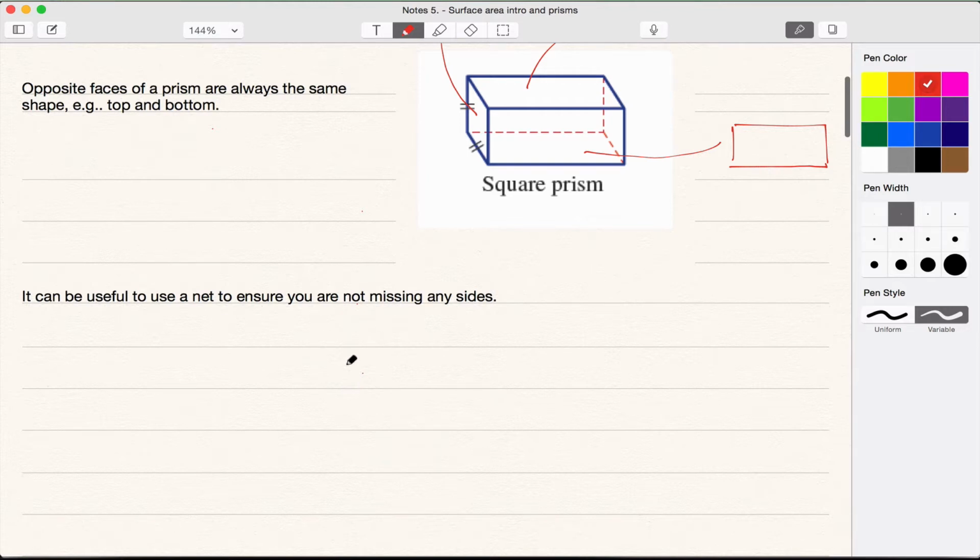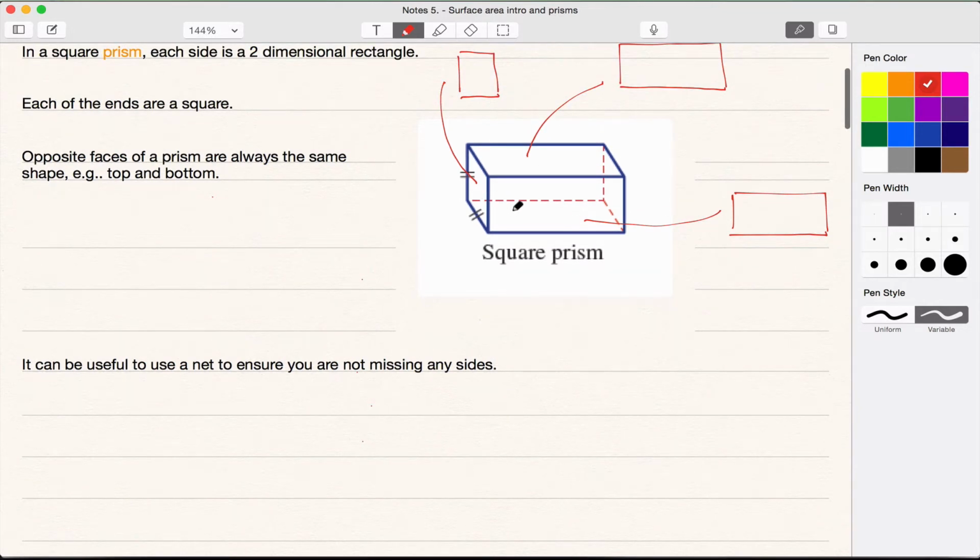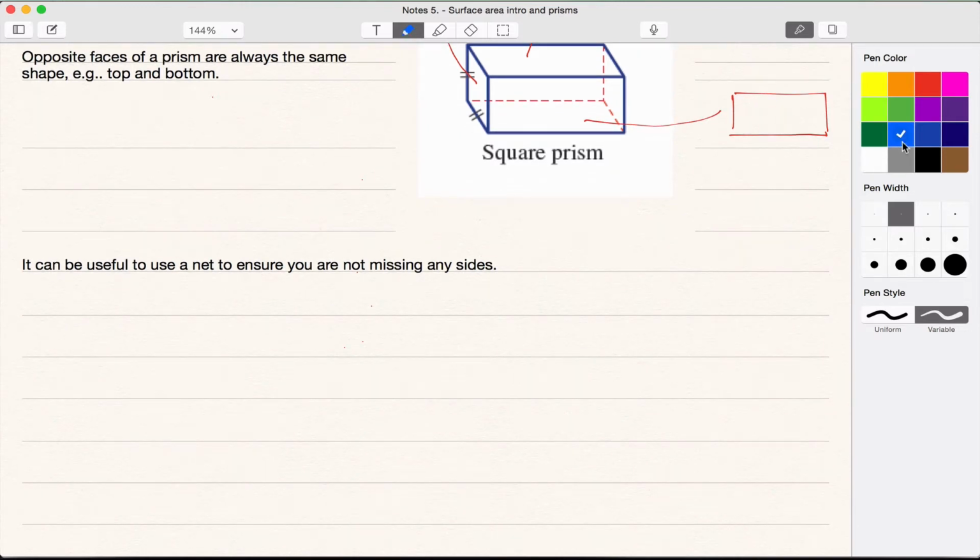When we're trying to find out the total surface area, it can be useful to use a net to make sure that you're not missing any sides, because it can be hard to look at a diagram and see all of the sides properly. So if you're looking at the net of a square-based prism, you'll have the two squares on each side.